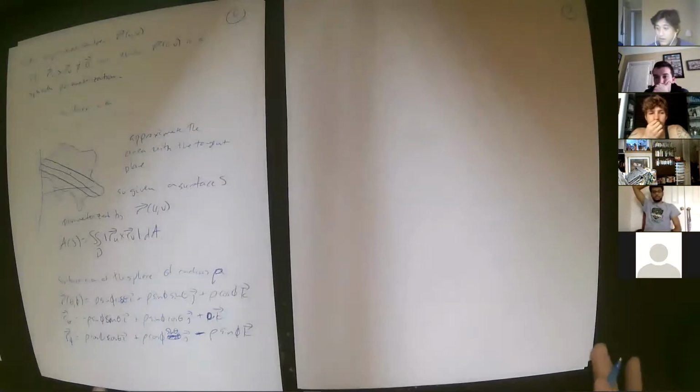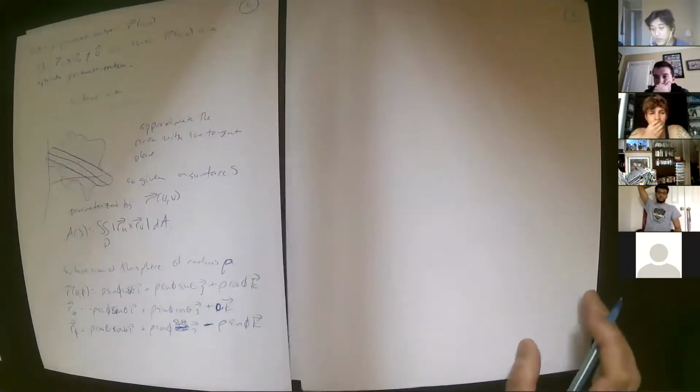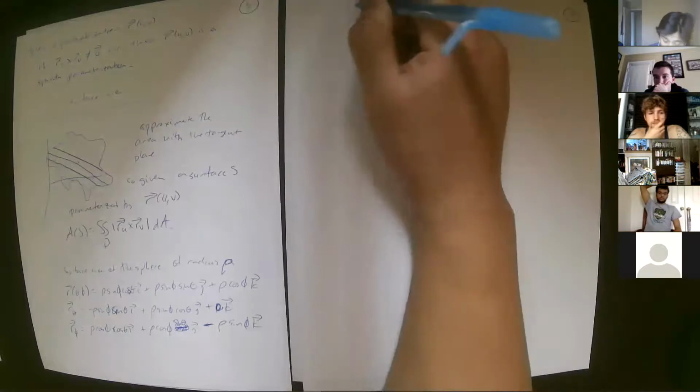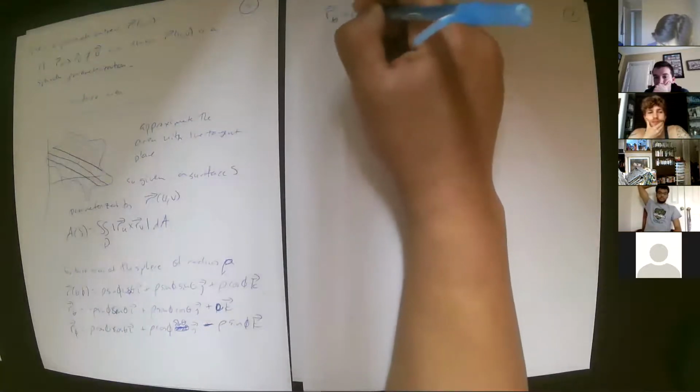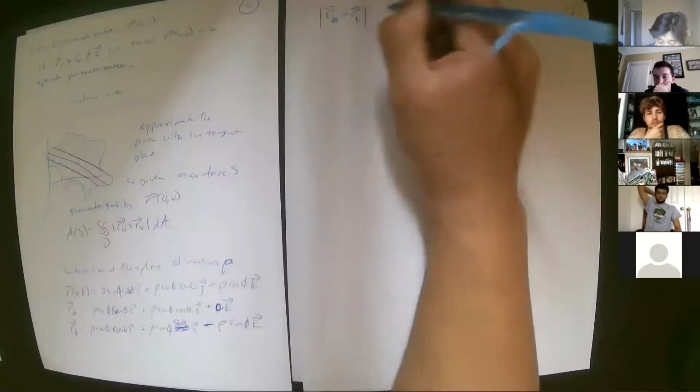So now I want to take the cross product of these two things, R theta cross R phi, and the magnitude.